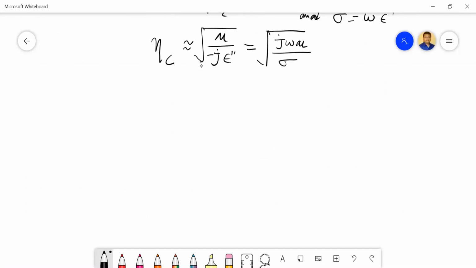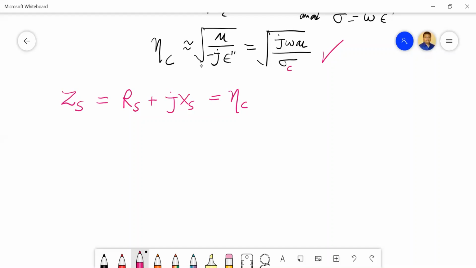We started from the surface impedance, which is ZS, and we know this impedance can be written in terms of the real and imaginary parts as RS plus jXS, which is equal to eta C. We have seen this in our previous definitions, and eta C we already have.